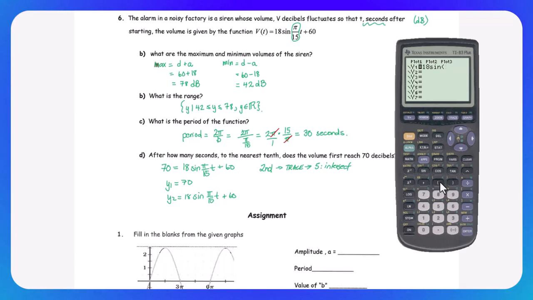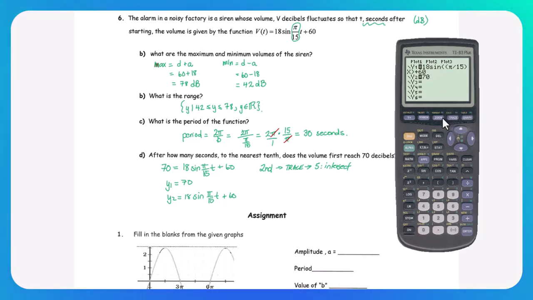If you have an older calculator that doesn't do that dividing so nicely and make it look kind of pretty, I'm always a bit careful. I'm going to go second function pi divided by 15, and I'm going to close my bracket before I put the x in there. Be safe. Then I'm going to add the 60. Bracketing on some of the older models is important. You've got to know your calculator. Second one is 70.